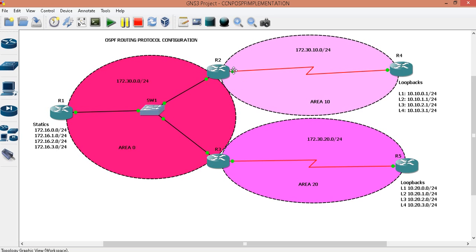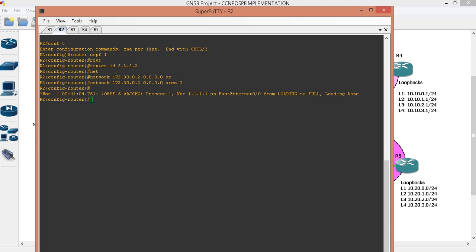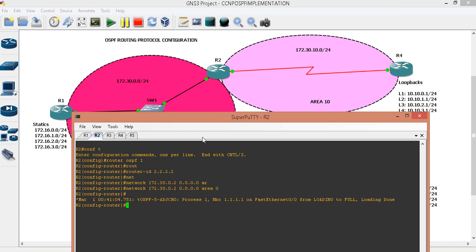So I'm going to go straight and configure this interface here. That's the 0/0/0 interface. What is the network? 172.40.10.2, 0.0.0.0.